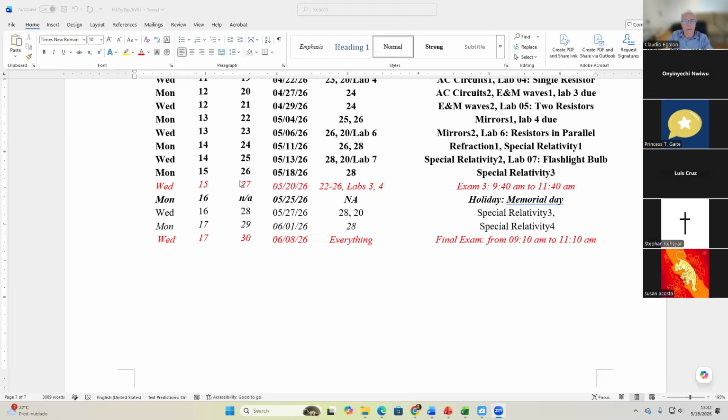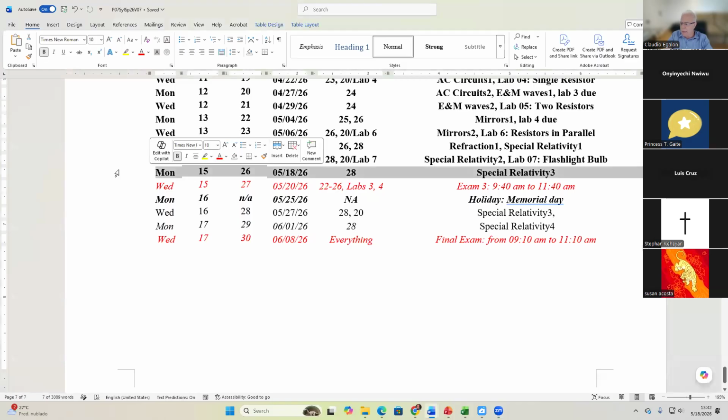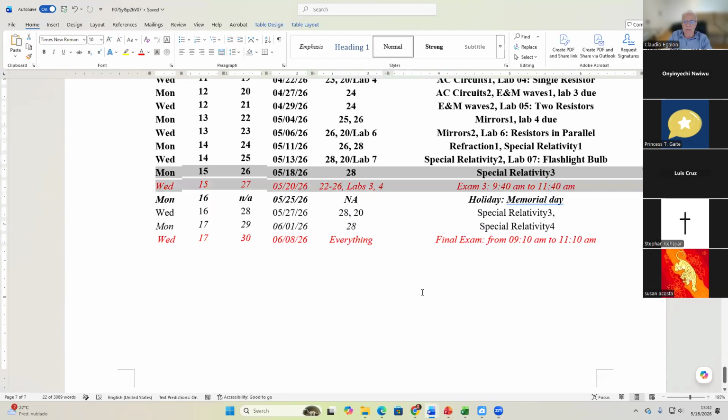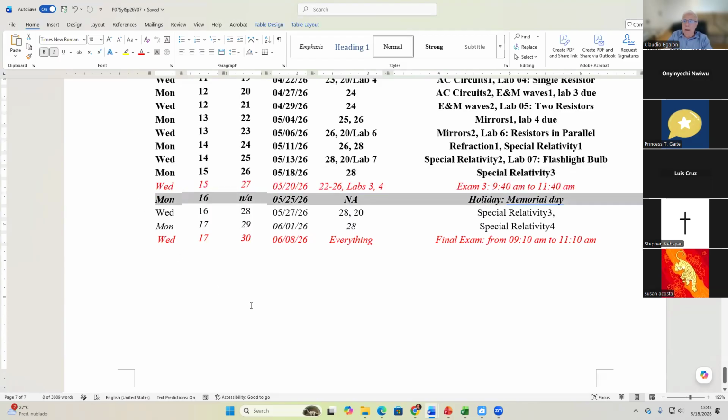Today is Monday, the 18th of May, and it's going to be our third meeting on special relativity. The day after tomorrow is the exam, the third exam. Then on Monday is going to be a holiday.